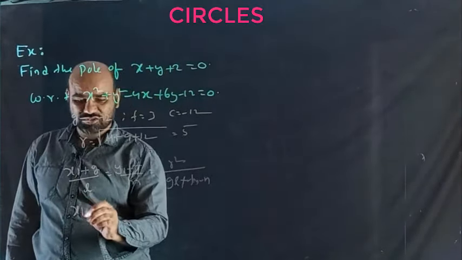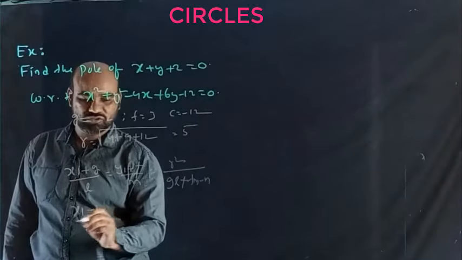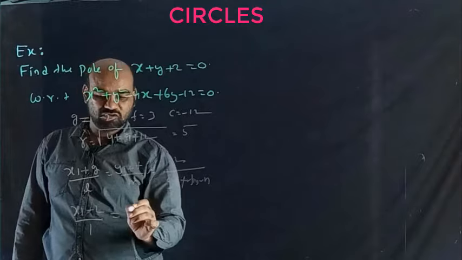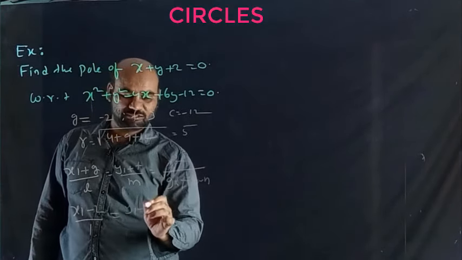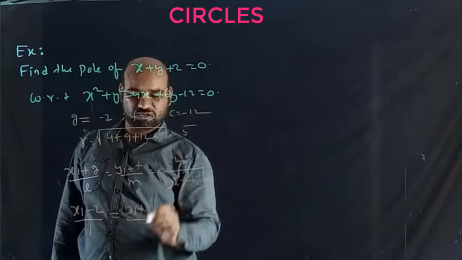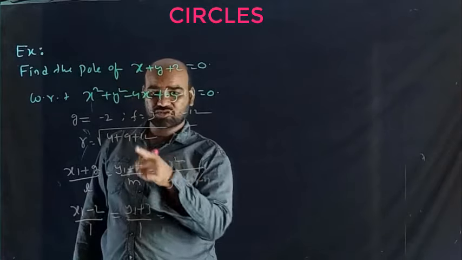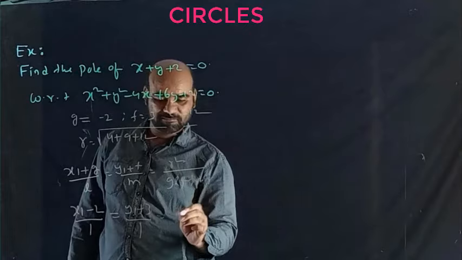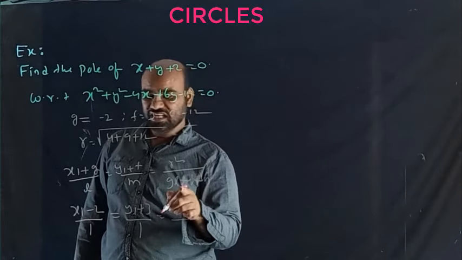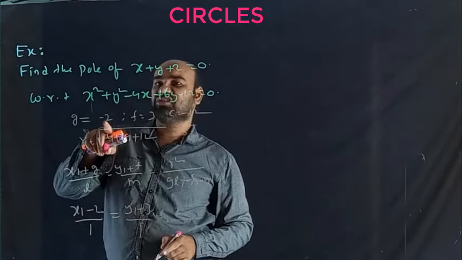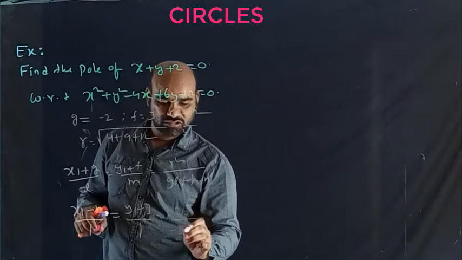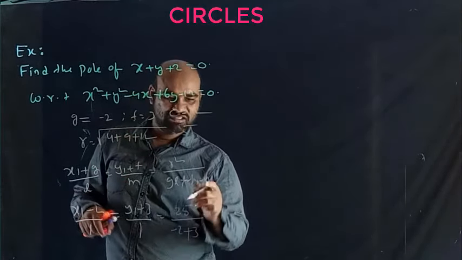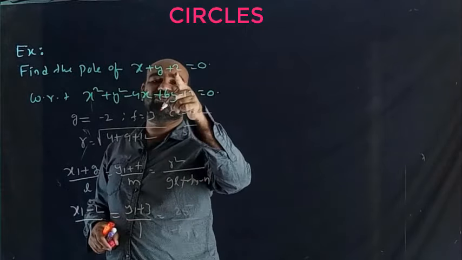Substitution: x1 plus g means x1 minus 2, l means the coefficient of x, which is 1, equal to y1 plus f, here 3, by m, which is 1, equal to r square, that is 25, by gl, g minus 2 times l 1, minus 2, plus fm, 3 times 1, 3, minus n, where n stands for 2, minus 2.